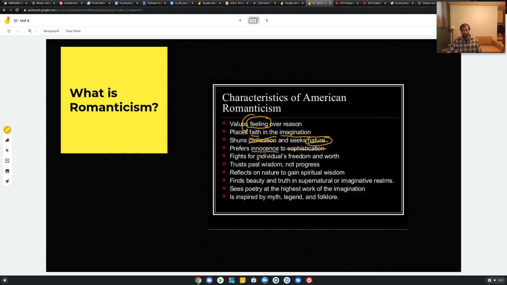And we know during the Enlightenment that the individual's freedom and worth were highly prioritized, and they will continue to be in Romanticism. This will get morphed into what we refer to as a rugged individualism.